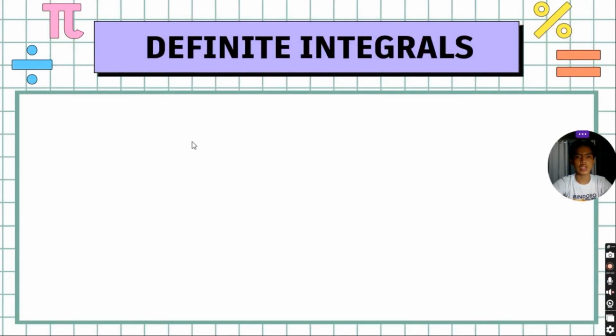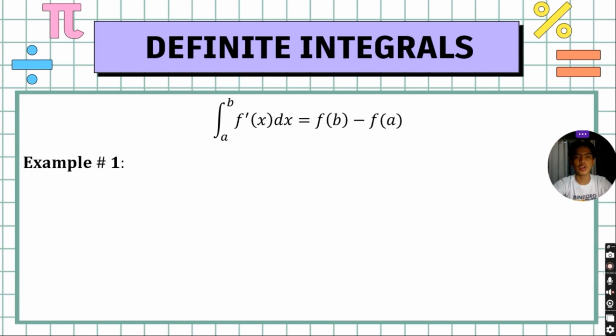This last topic we will discuss is called definite integrals, where the integral from a to b of f prime of x dx is equal to f of b minus f of a. First example, the definite integral from 2 to 6 of 3x squared plus 2x dx.